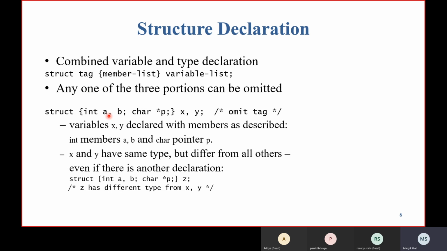If I would like to access the members of the structure, I need to go through variable X or Y. Variables X and Y are declared with integer members A, B and character pointer P. X and Y have the same type but differ from all others, even if there is another declaration: struct integer A, B, character star P and Z. So Z has a different type from X and Y. Basically X, Y and Z are all individual variables of a structured data type.